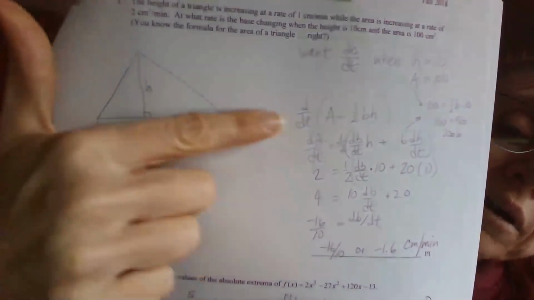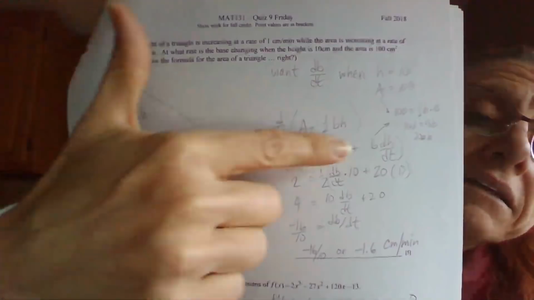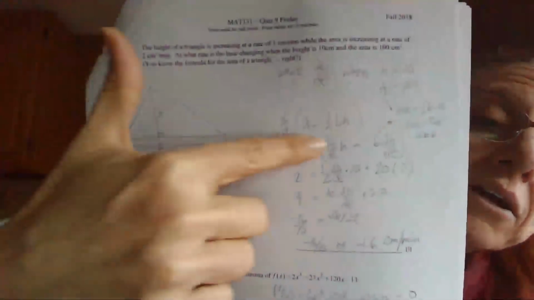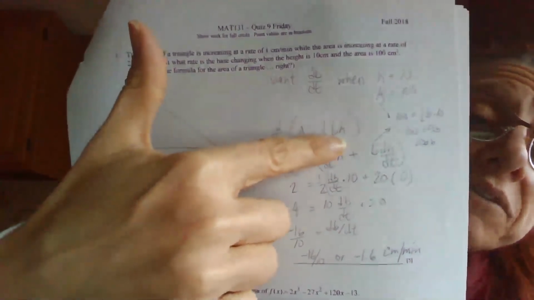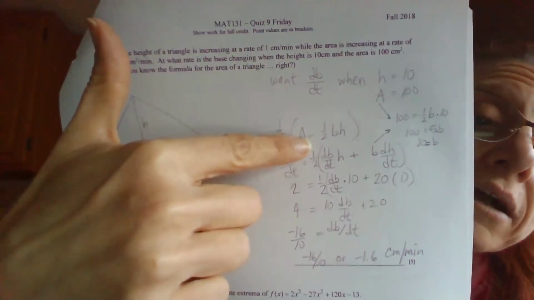At what rate is the base changing when the height is... So in other words, we're looking for dB/dt. We want to know how fast the base is changing with respect to time. Here are your given conditions. And since it's a triangle, instead of using the area for a square, I'm using the area for a triangle.